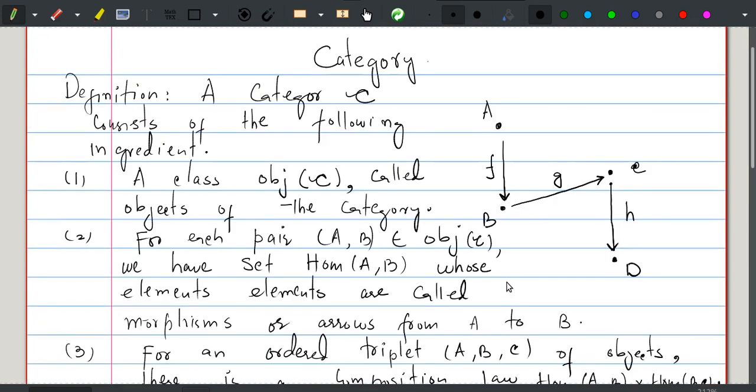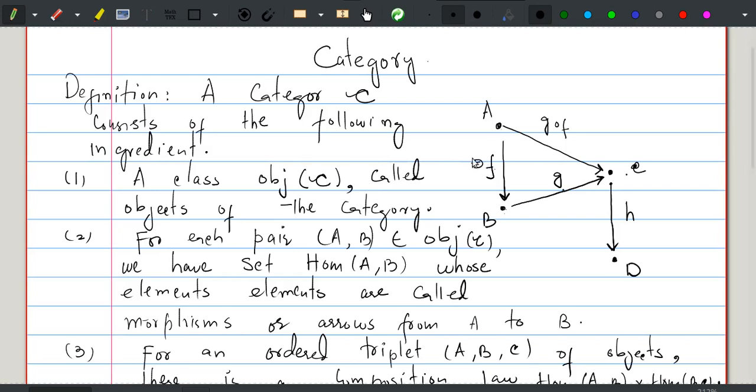So what this means is, if we first go from A to B via F and from B to C via G, it is the same as going from A to C via this composition map.